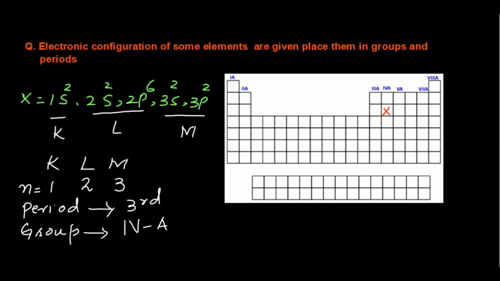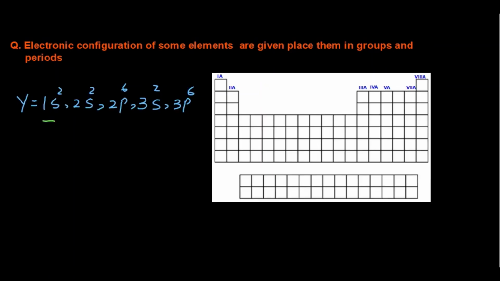I hope this is clear. Now see the next element which is given. The next element is element Y. As usual, we find the valence shell of element Y. Here K, 1s belongs to the K shell. 2s and 2p are the subshell of L, 3s and 3p are the subshell of M. Now we write the n value.